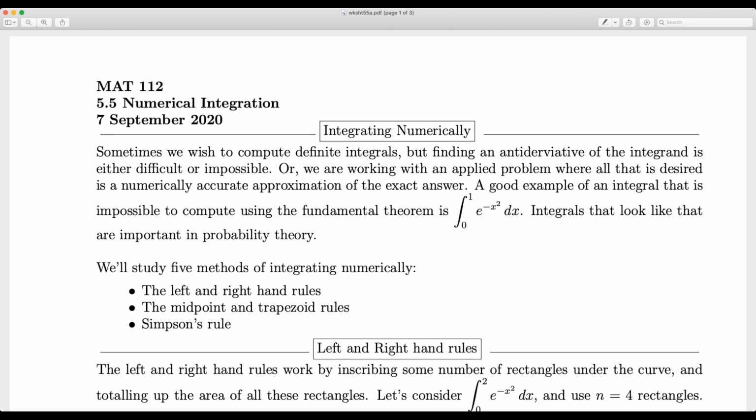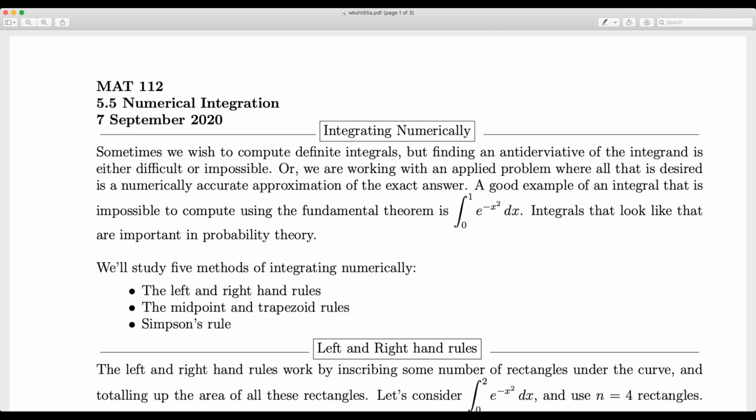So e to the minus x squared, its antiderivative is not an elementary function. It's what we call a special function, which is the bigger class. There are lots of different special functions, and they're really interesting. You can do all kinds of interesting things with them.